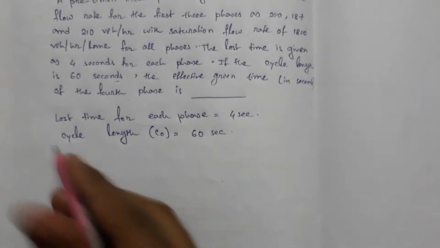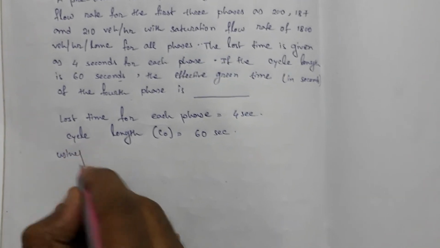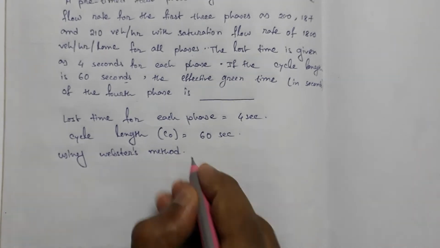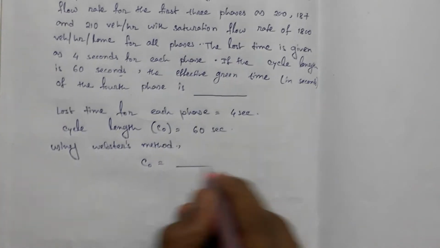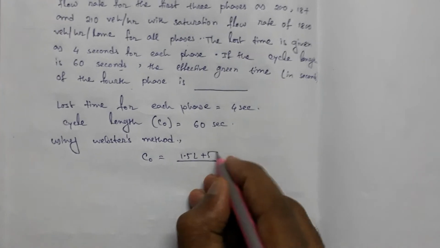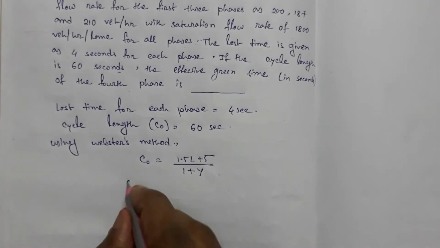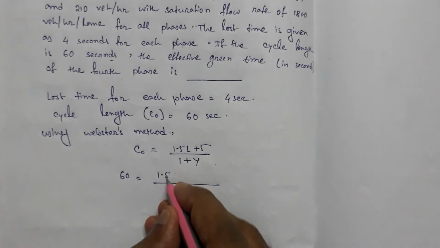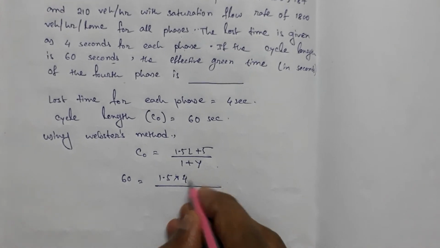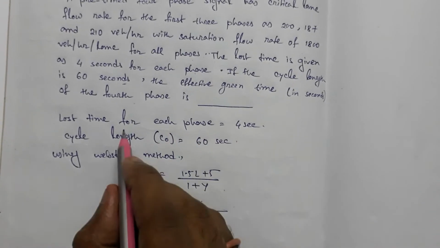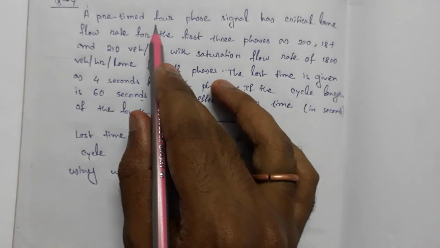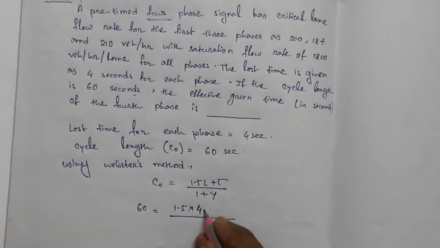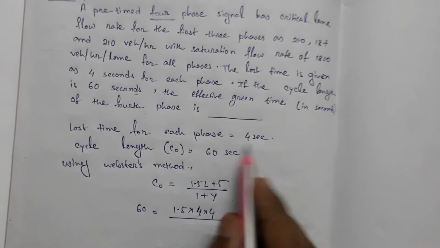Now using the Webster method, C0 equals 1.5 L plus 5 divided by 1 minus Y. So 60 equals 1.5 into 4, and the number of phases is 4, so we multiply by 4 phases, each phase 4 seconds.